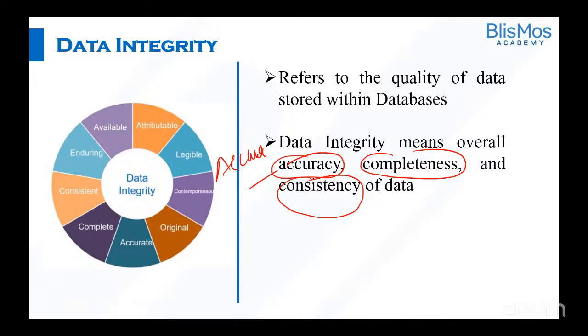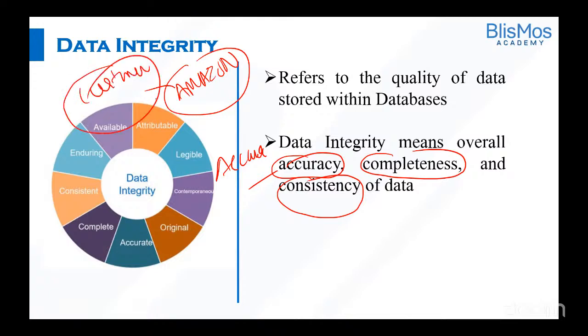For example, assuming we have Amazon, Flipkart or Myntra. We have a customer name there. How accurately the customer name is there, and also how accurately the customer record, including the address, is captured. That is the accuracy.